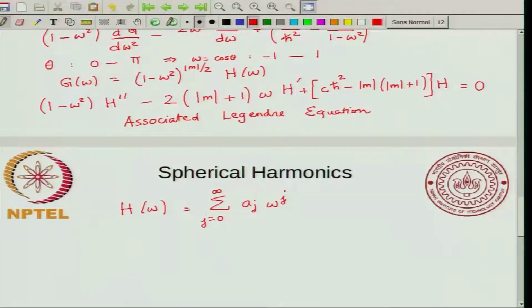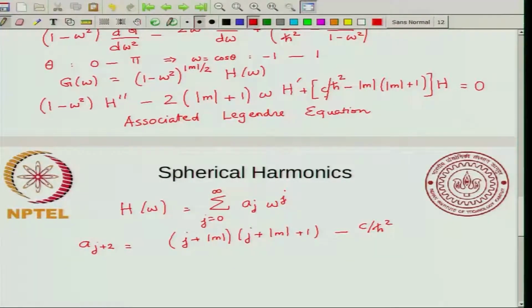Now if you substitute in this, you will get a recursion relation that looks like a j plus 2 is equal to j plus absolute value of m, times j plus absolute value of m plus 1, minus c divided by h bar square. Oh, this should be c divided by h bar square.